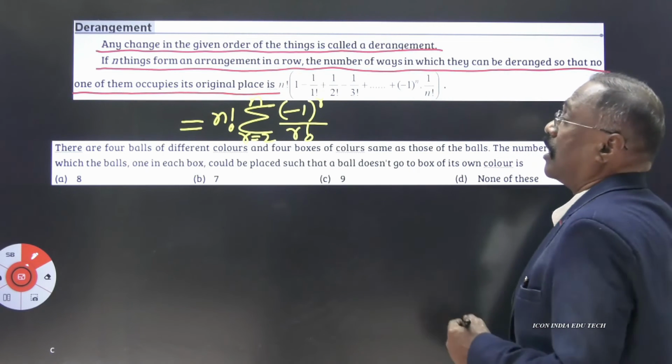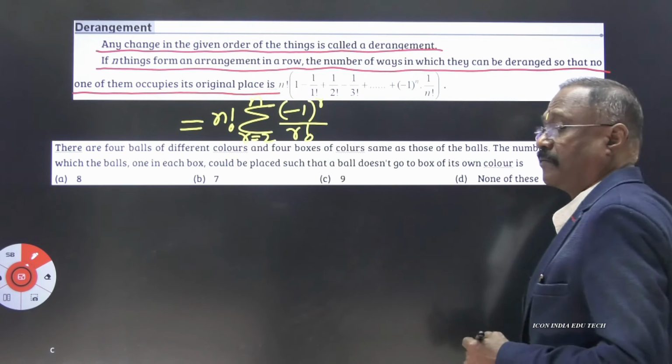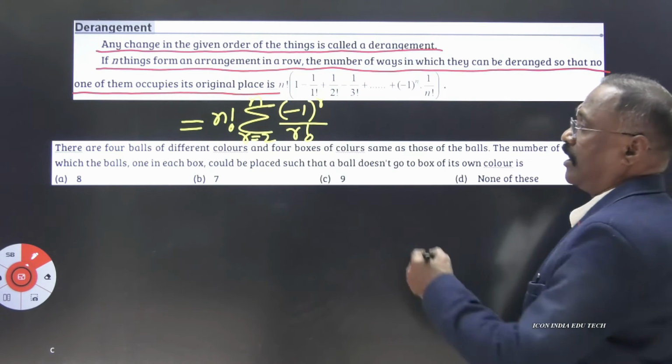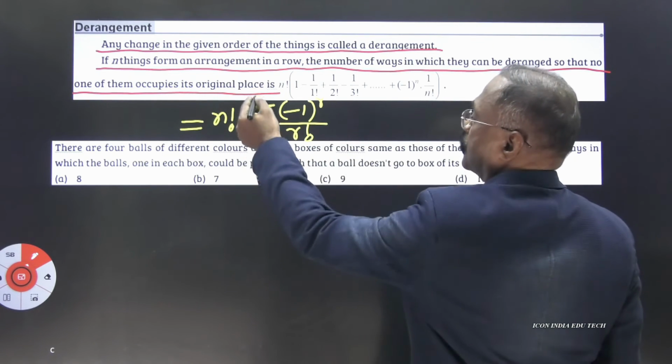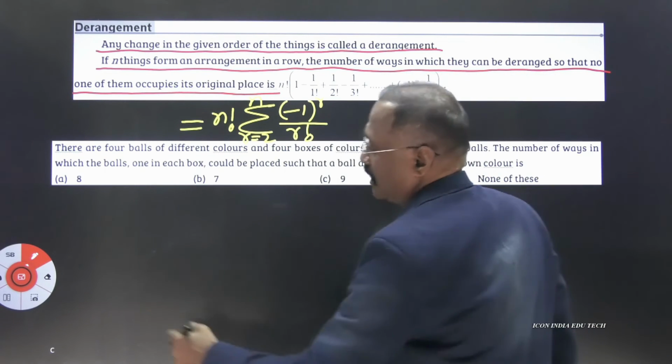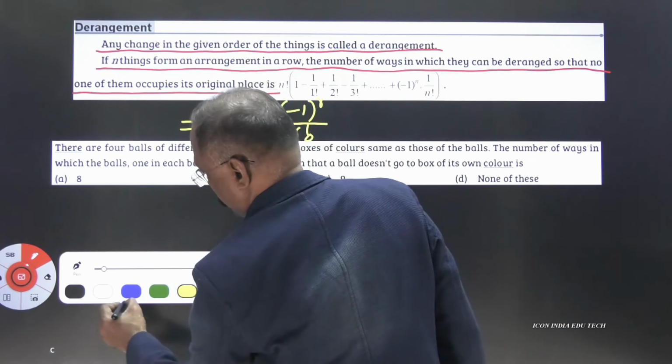What is that? For n is equal to 3, what should be the answer? For n is equal to 3, you will have r is equal to 2, r is equal to 3. Let me show you that so that you will better understand this.